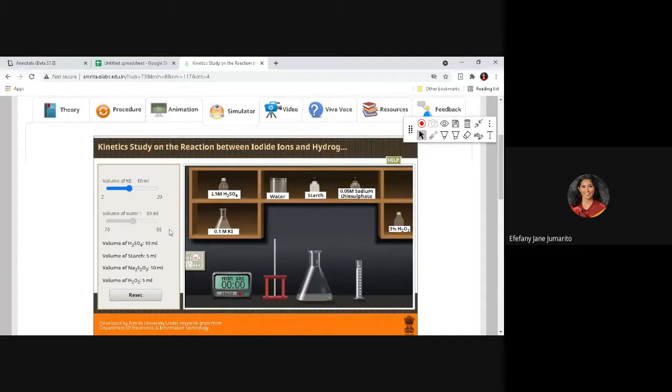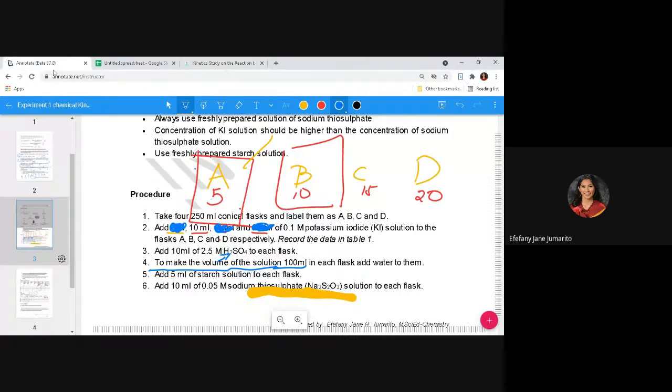Procedure 3. Okay, procedure 3, Sibalos. Kailan na lang ko mo active kayo sa Facebook.